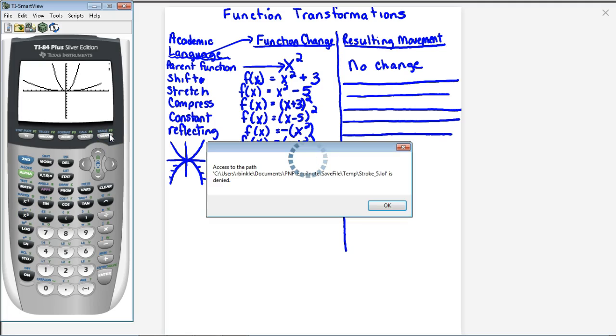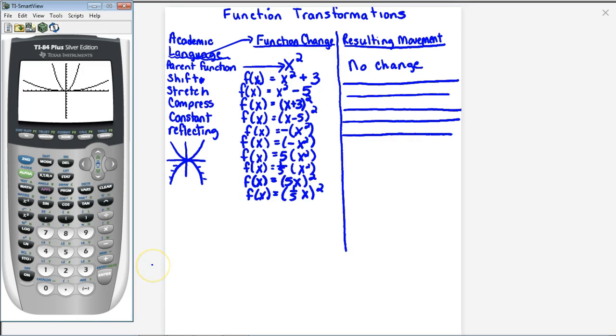Yep, way shorter and fatter. So it's a good thing to remember that when things are on the inside of the function with the x, it's probably going to do the opposite of what you think it's going to do. If it's outside the function and you're talking about the y, it's pretty straightforward. So I hope you wrote all of these things down.